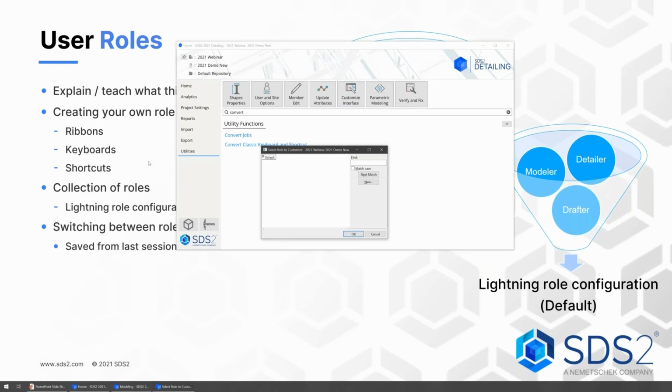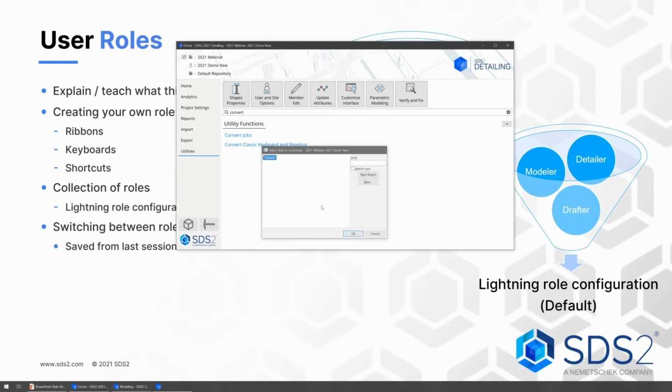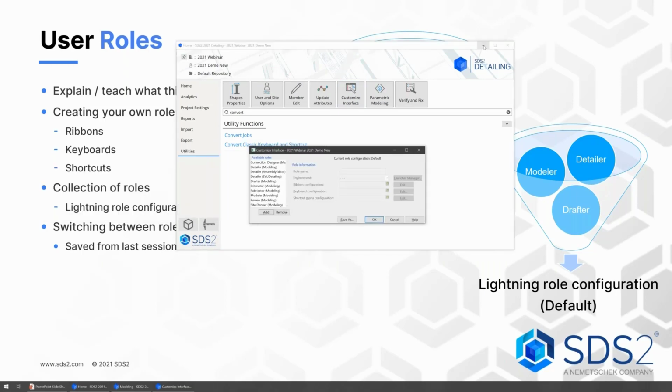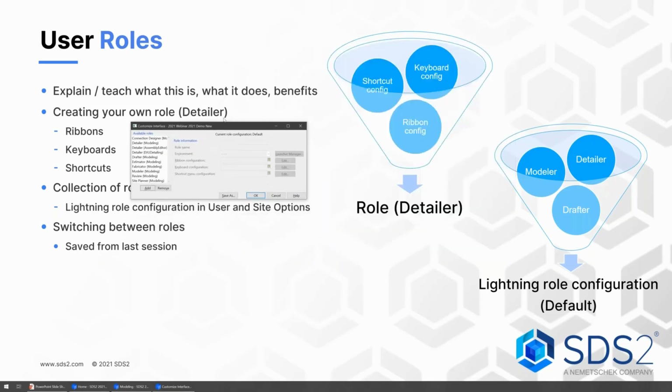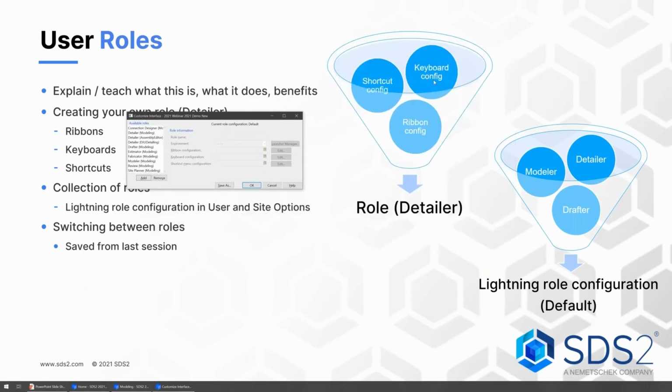Before we dig too deep into customizing it, let's make sure we understand what we call a role. A role is a collection of keyboard configurations, shortcut menu configurations, and ribbon configurations. In SDS2, I will show you an example in a moment. Let's just call it detailer, all right? Now, maybe you have a slightly different set of ribbons, but not a different set of keyboards and shortcut configurations, and make use of all of that in another role called modeler.